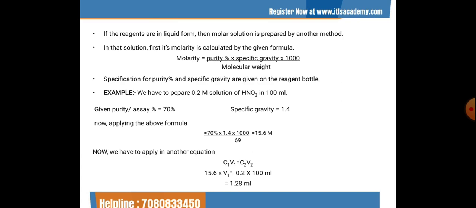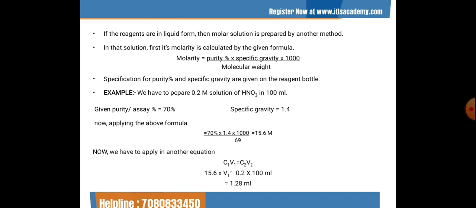Sometimes it happens that to prepare a molar concentration solution, it is not always possible to weigh the solute, as there are some reagents that cannot be weighed because they are in liquid form.